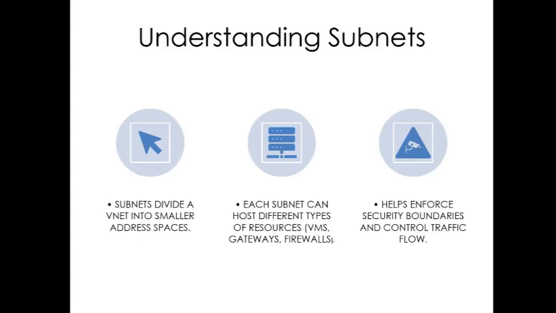Before you enter a room, you have to get your access, maybe a key. That key represents the security boundaries that a subnet gives. When you divide your network into subnets, you can set your network security group and your application security group. With these groups, you attach a rule to a subnet to allow or block traffic to that particular subnet.